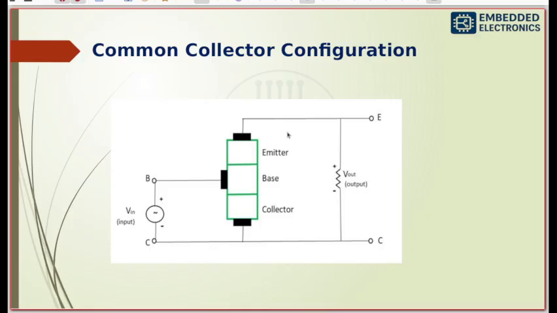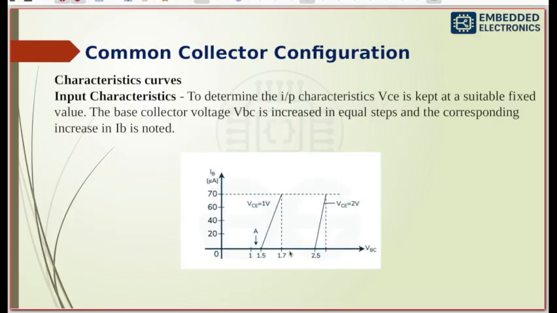Buffer means whatever input you give, that same thing is the output. The phase relationship preserves the identical phase between the signal received and sent. It includes impedance transformation, impedance buffering and voltage following to match impedance between circuits. So this is the characteristics curve. To determine the input characteristics, VC is kept at a suitable fixed value.